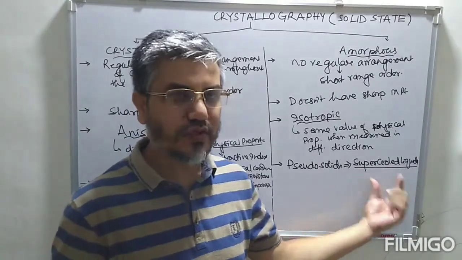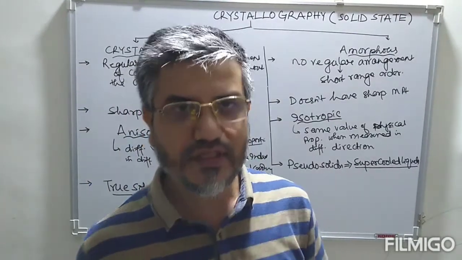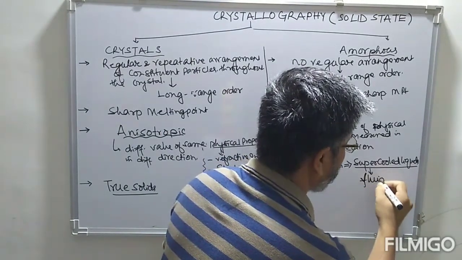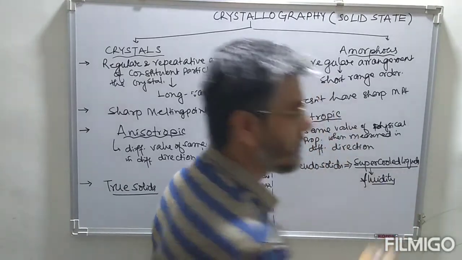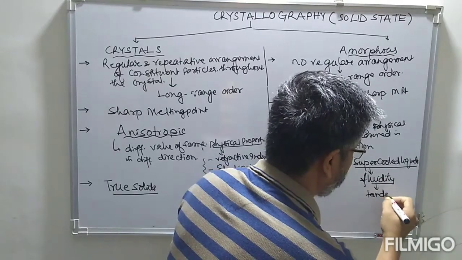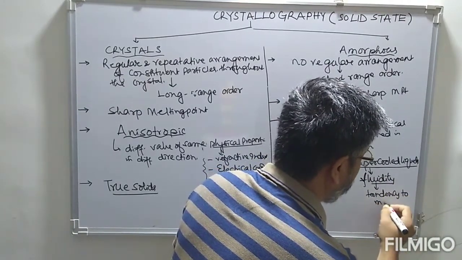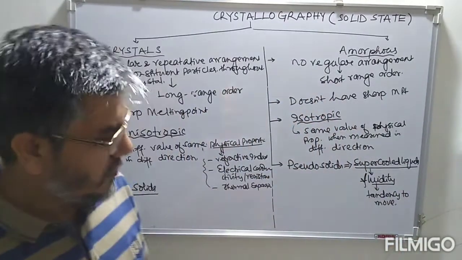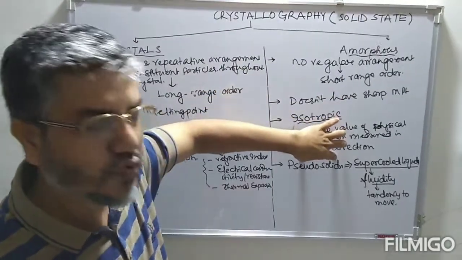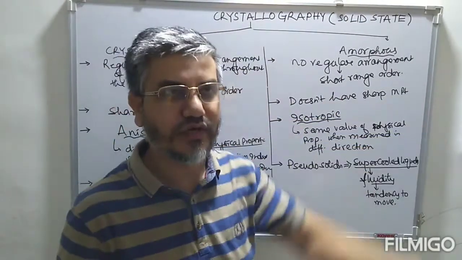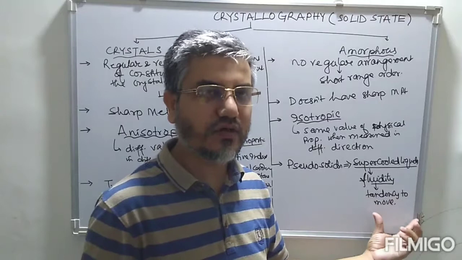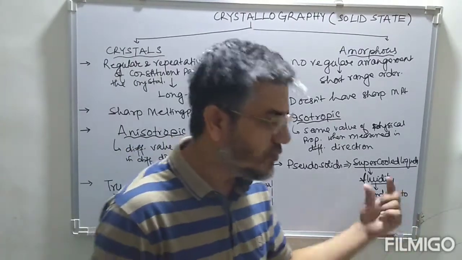Why are they called super cooled liquids? Liquids are fluid, they have fluidity, a tendency to move. So amorphous substances are also known as pseudo solids or super cooled liquids. Why are they called liquids? Because they show fluidity similar to that of liquids, a tendency to move.